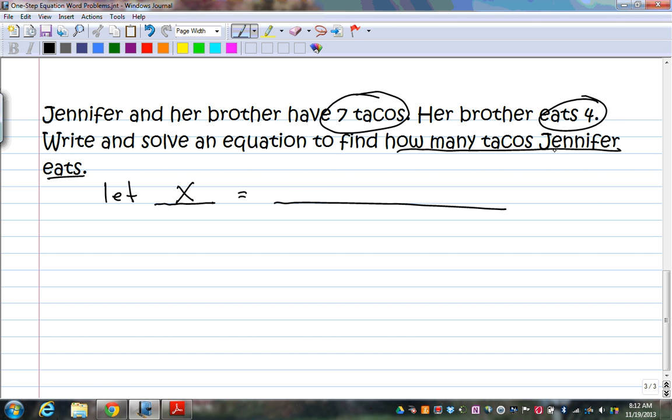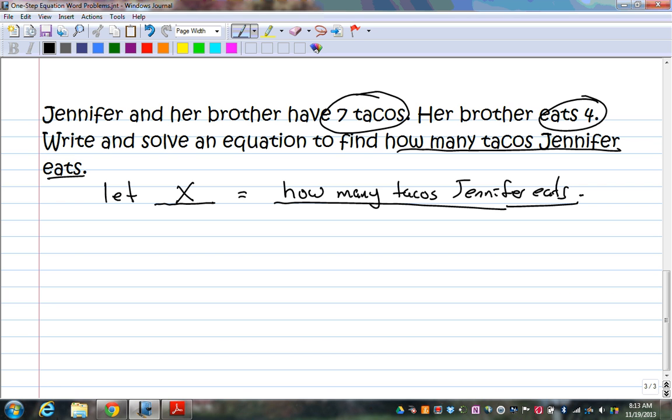And what is it? How many tacos Jennifer eats. The reason for this let statement is to help you identify what you're actually solving for so that you can set up your problem. Okay?